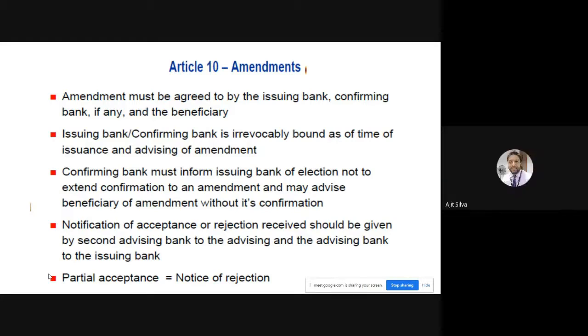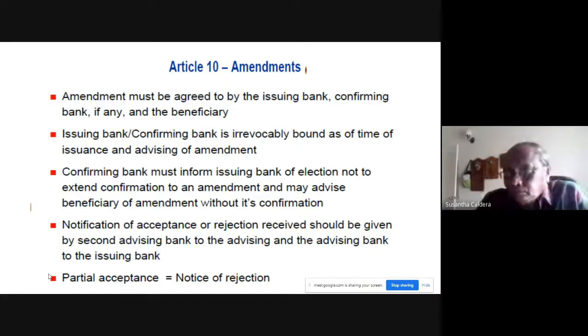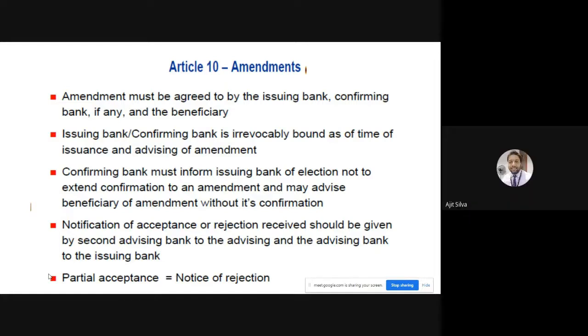It means sometimes 90 days after the BL date. But we suggest to the customer that due to import control restrictions, we have to change the tenor to sight instead of term LC.